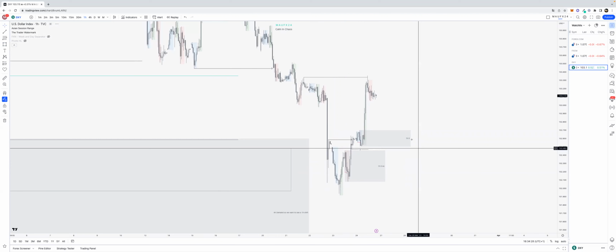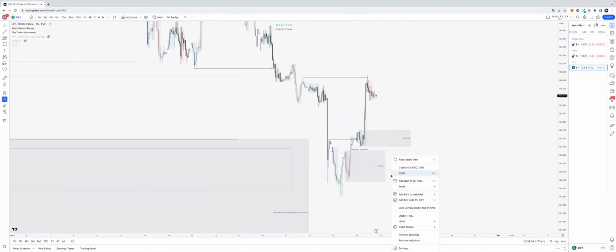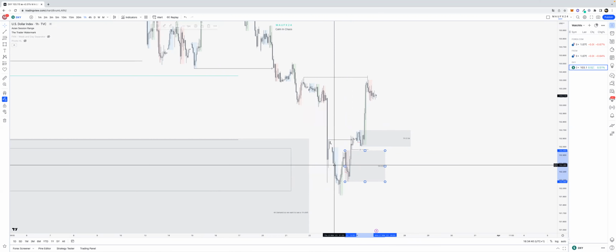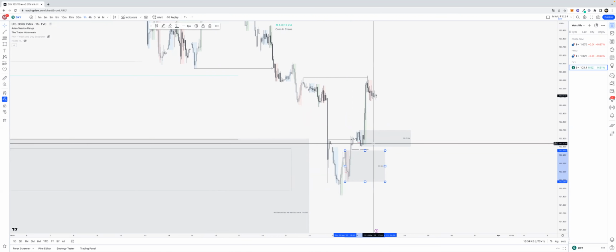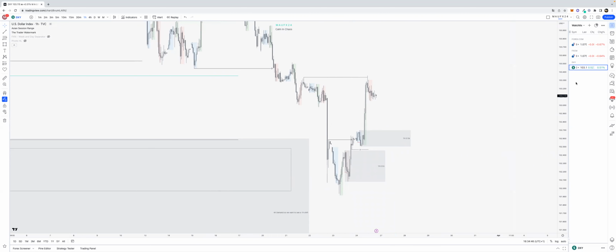So we got the demand decisional, the extreme one, and the one that actually should be the extreme one. But yeah, so we can look for longs from these areas.